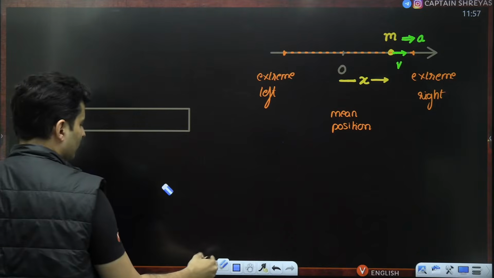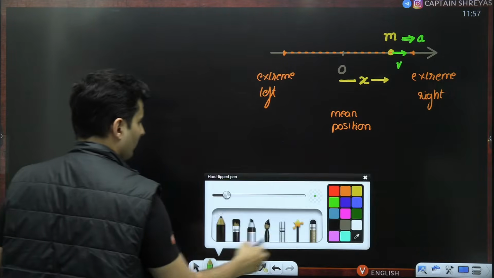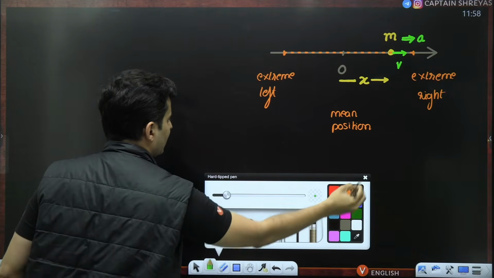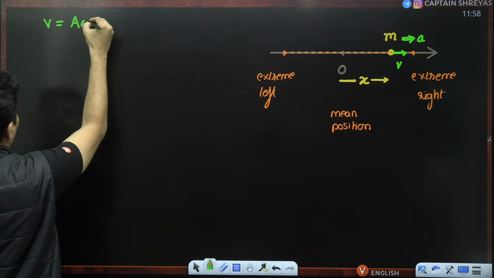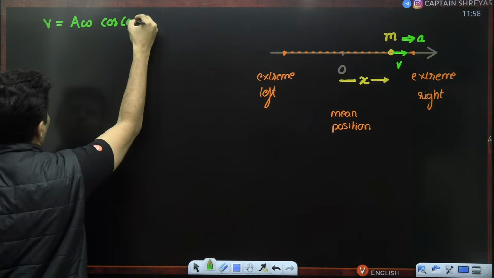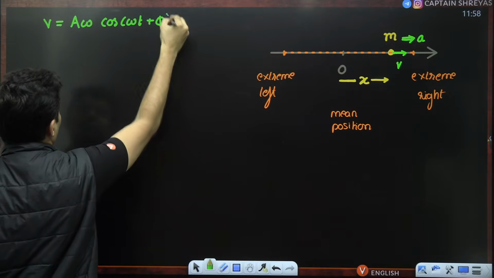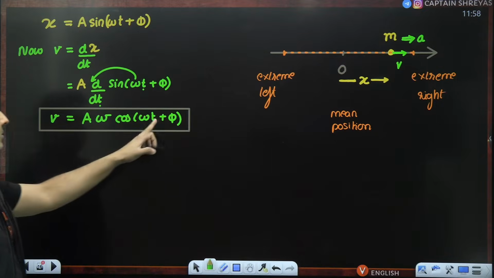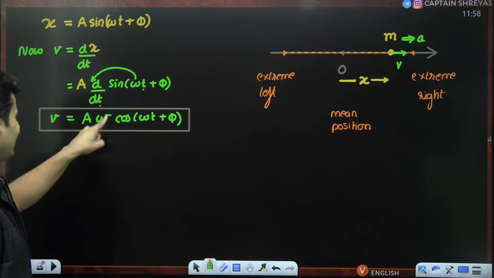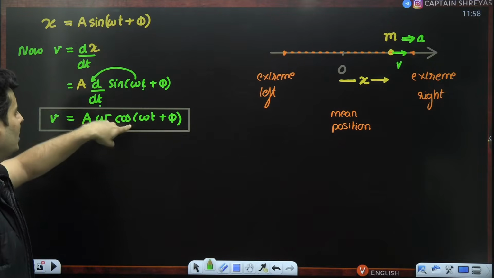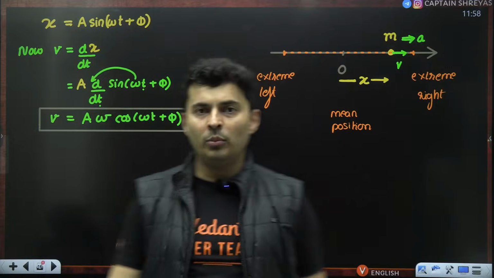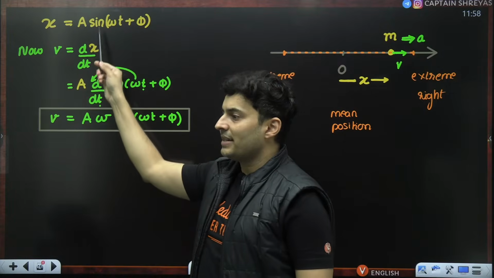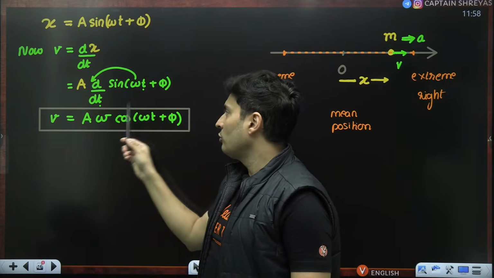Observe this now. Since velocity is nothing but a omega cos omega t plus phi, this is what we got. So basically when omega came and sine became cos, if this was cos, this would have become negative sine. Getting my point? If x was a cosine function, derivative of cos would be negative sine.